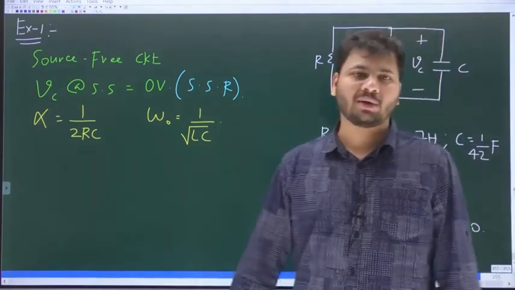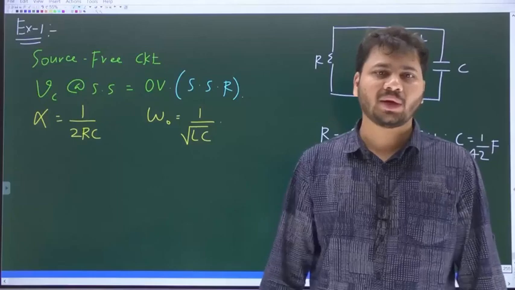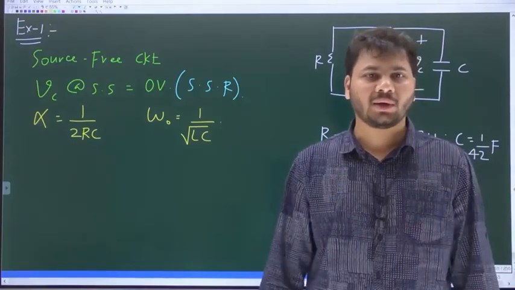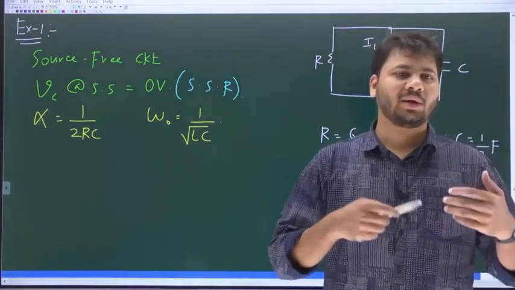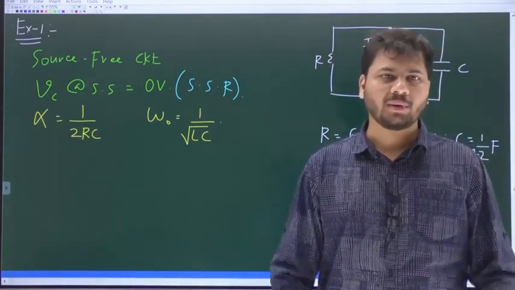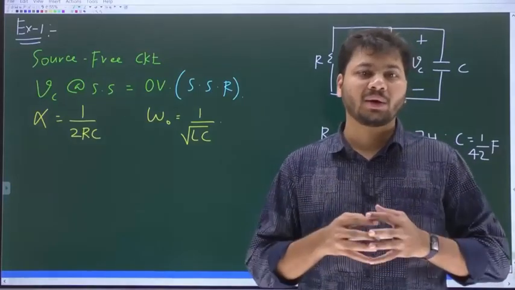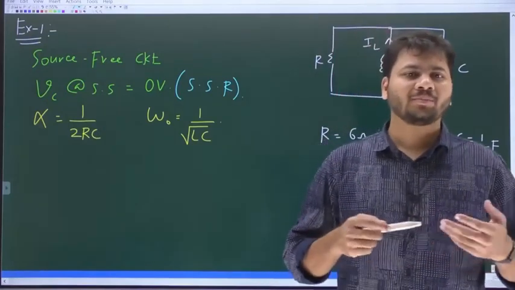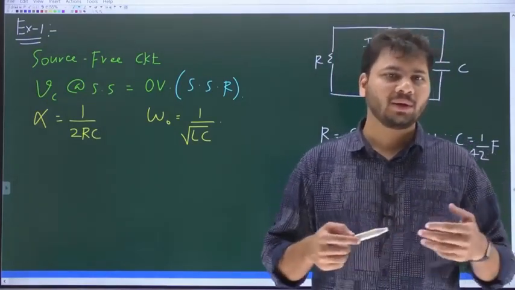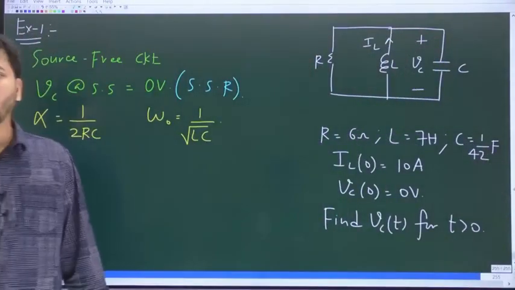Once you get the values of alpha and omega naught, you have to compare alpha and omega naught to decide the form of the natural response. If alpha is more than omega naught, then the natural response is said to be overdamped. If alpha is equal to omega naught, then the natural response will be critically damped. And if alpha is less than omega naught, then the natural response is said to be underdamped. So anyway, let's find the values of alpha and omega naught.